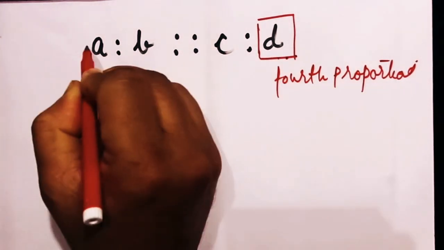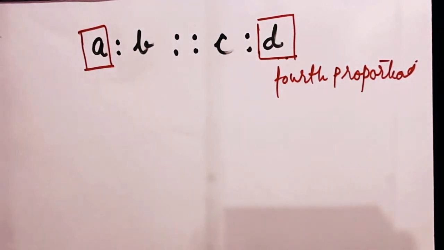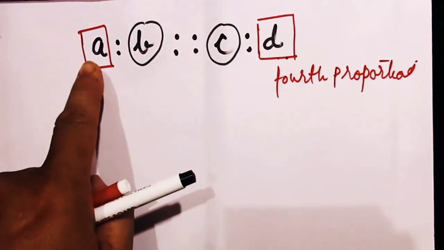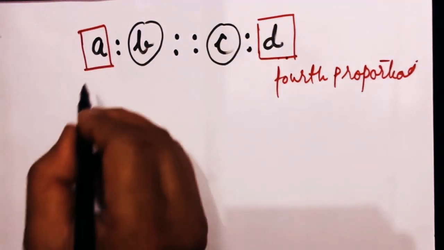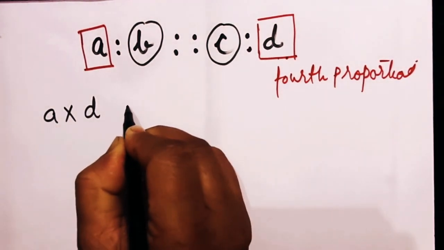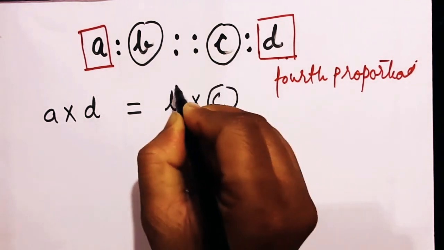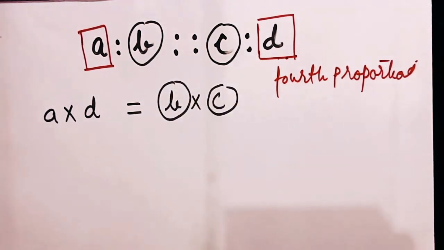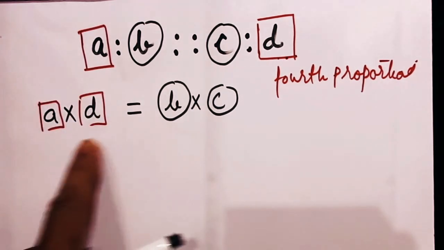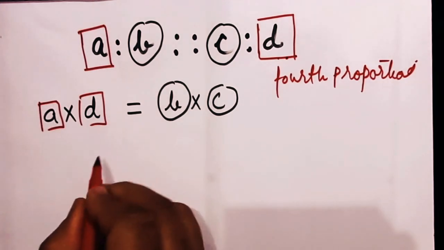Now D and A are the extremes, while B and C are the means. Let me write: A into D is equal to B into C. B and C were the circles, while A and D were in rectangles. Now let me write the same thing in division or fraction format.